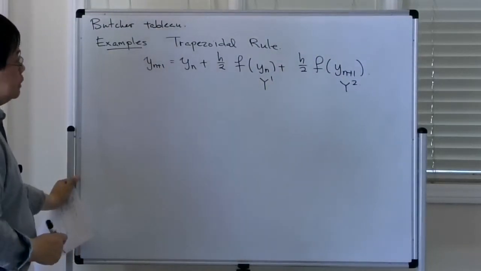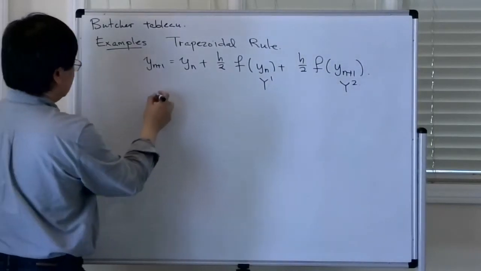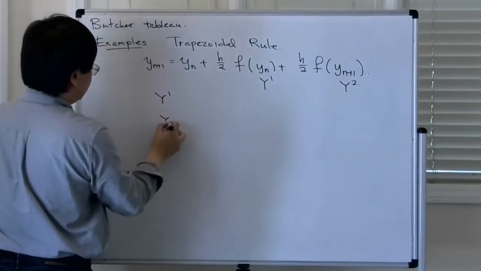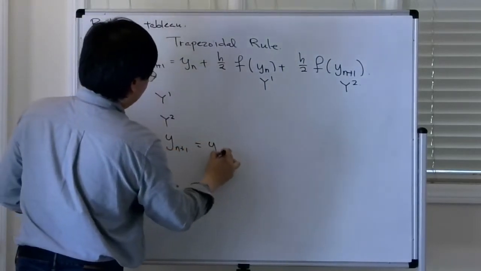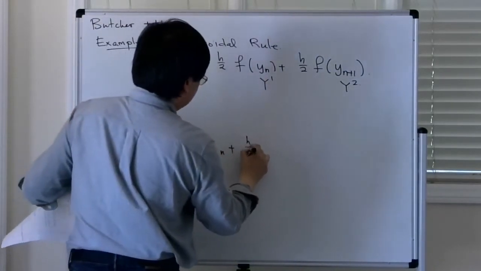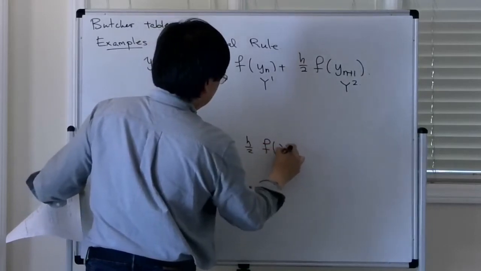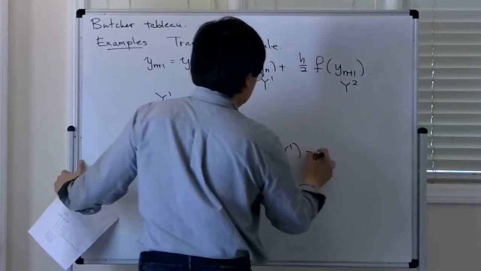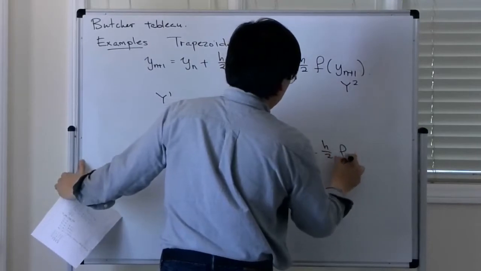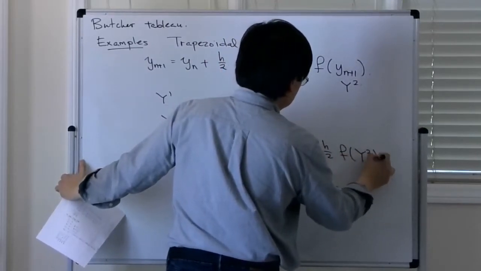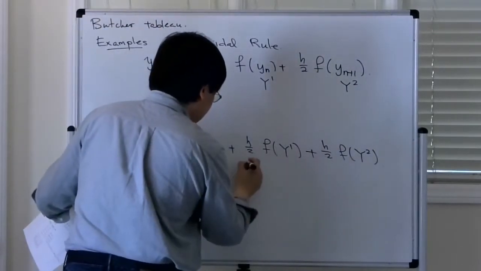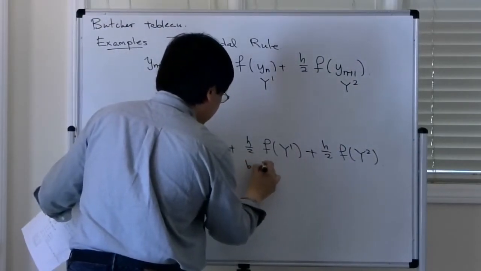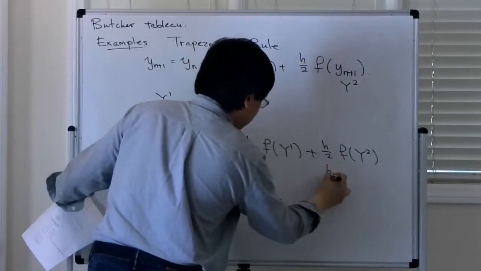So I need to write down equations for Y1, Y2, and yn plus 1 as yn plus h over 2 f evaluated at Y1 plus h over 2 f evaluated at Y2. This last equation immediately tells you that b1 is equal to 1/2 and b2 is equal to 1/2.